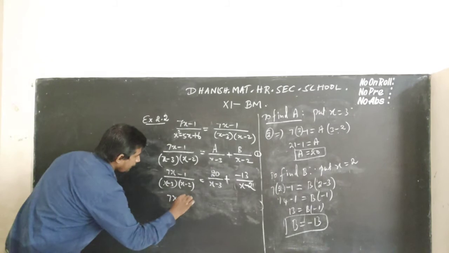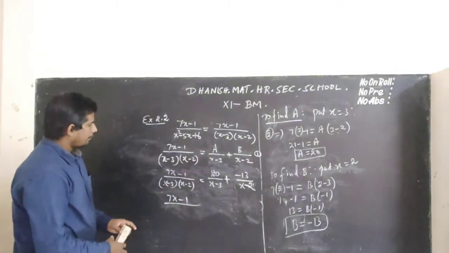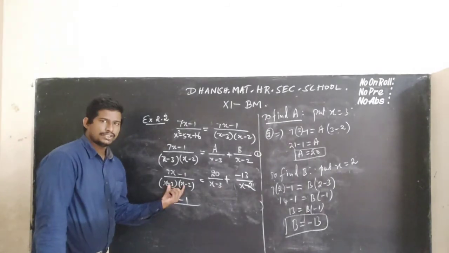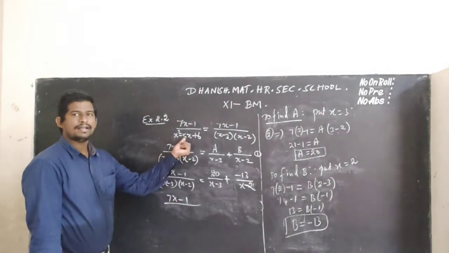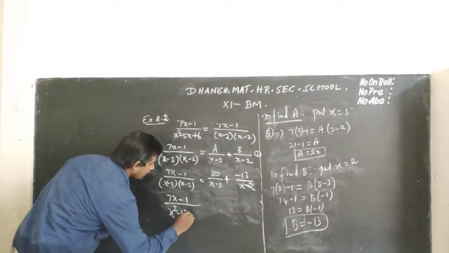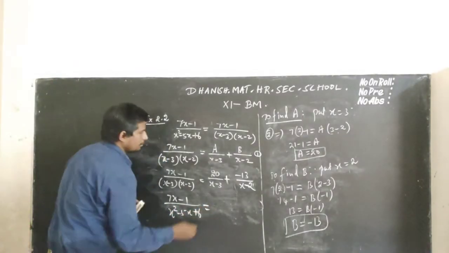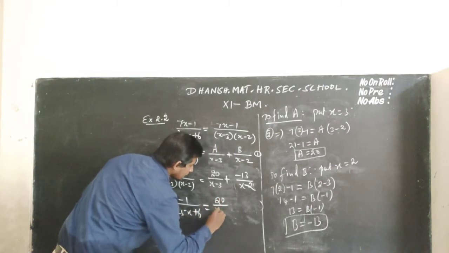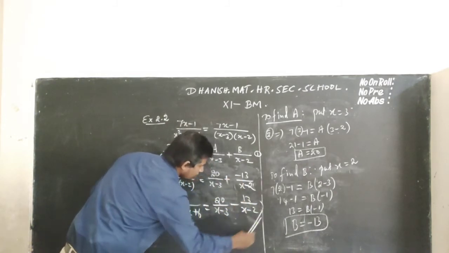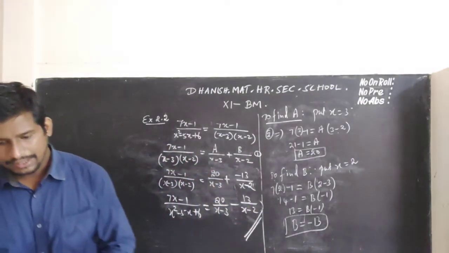Now finally 7x minus 1 divided by, instead of these two factors, I am going to write the quadratic factor. X square minus 5x plus 6 equal to 20 by x minus 3 minus 13 by x minus 2. These are the required answer.